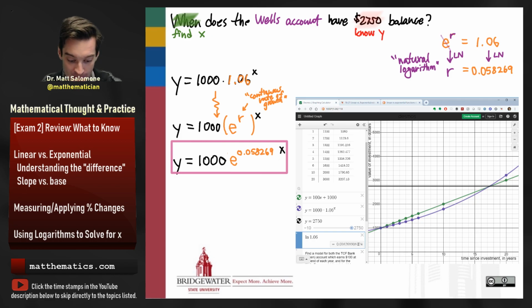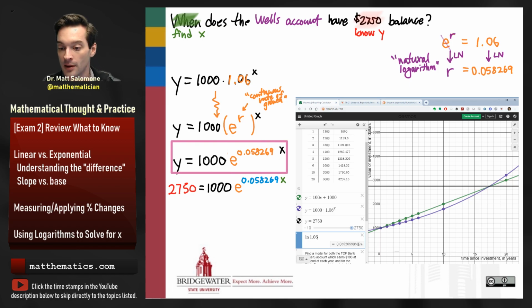So let's return to what we were trying to do. We wanted to know what is the value of x when the value of y is 2,750. So what that suggests is I take the number 2,750 and substitute it for my y in my equation, and then I have 1,000 multiplied by the exponential with a base of e, and the exponent is 0.058269 times x.